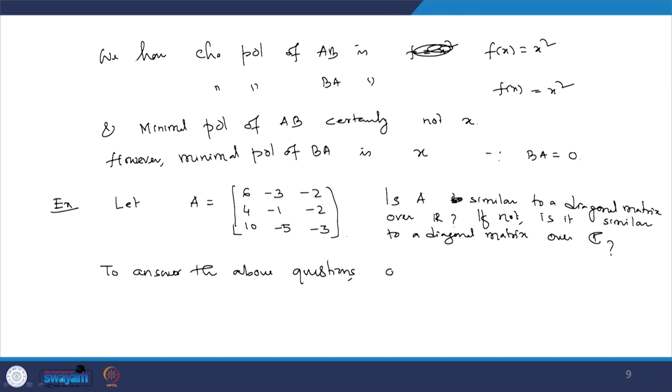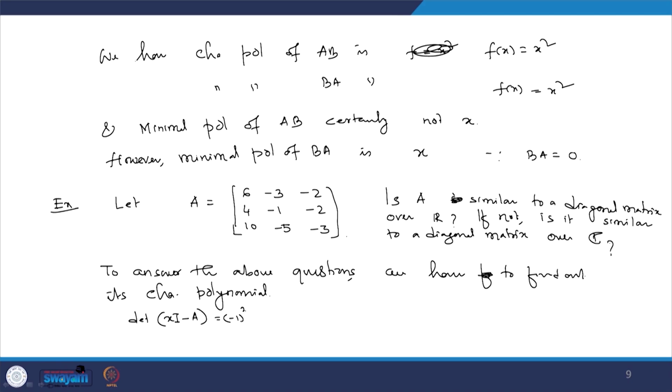We first have to find its characteristic polynomial. The characteristic polynomial means the determinant of xI minus A, which is equal to (-1)^3 times the determinant of A minus xI.